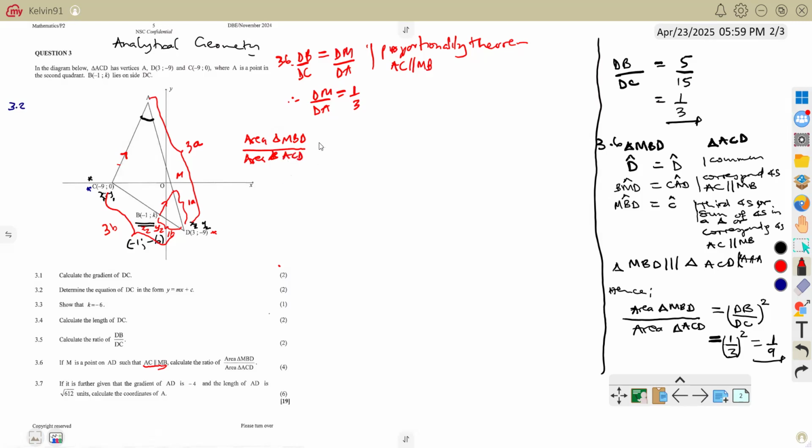How do we calculate area? Use the area rule, so it's going to be half. We are going to use this angle since it's common to both triangles, so we have to use the included angle. So the sides that we use are these ones. MBD is this one, so we are going to take the sides, the one which is here, M.